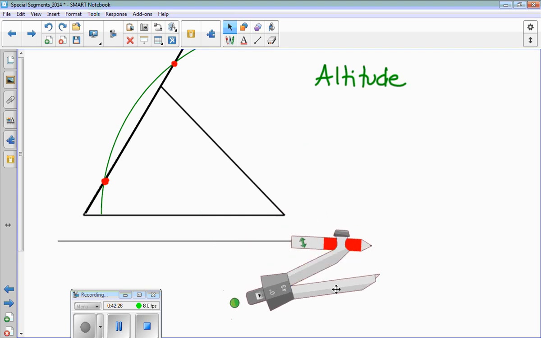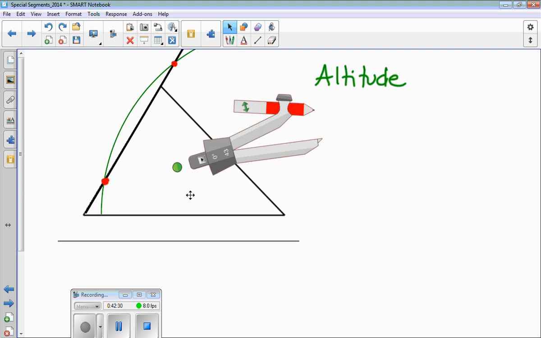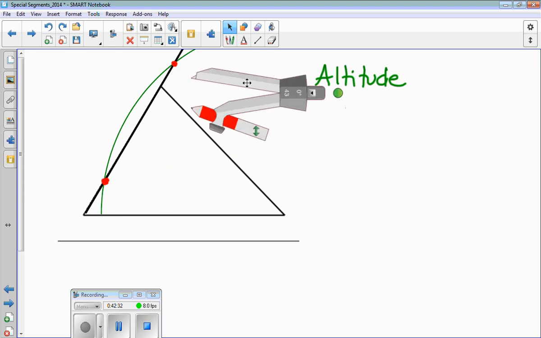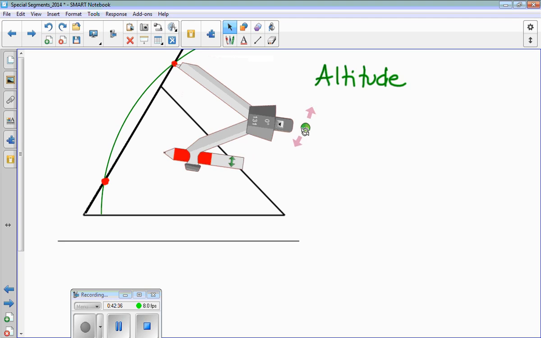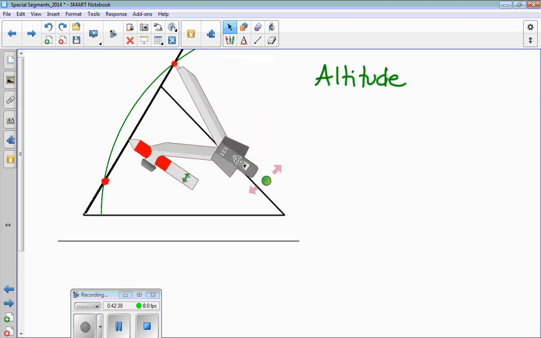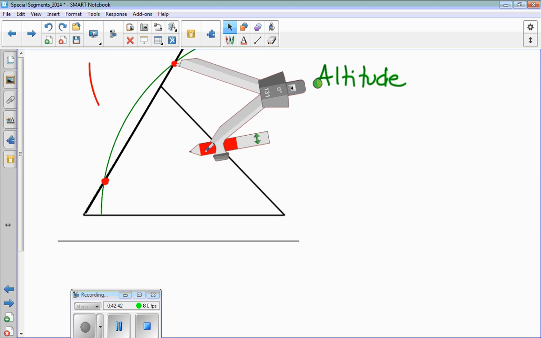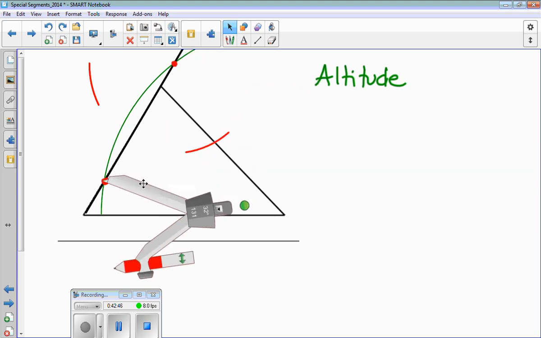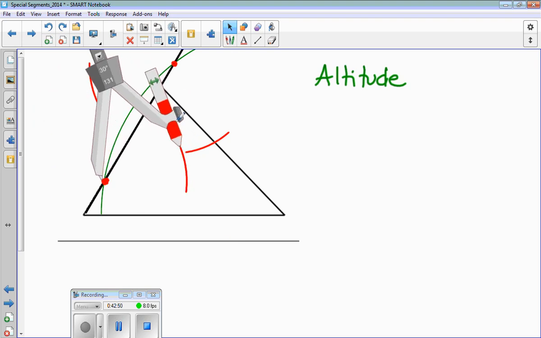Remember, I'm going to make sure that I'm more than halfway. I'm not more than halfway right here, so I need to make it bigger. I'm going to make an arc below and an arc above. I'm going to come over to the other side and do the same thing, make an arc above and an arc below.